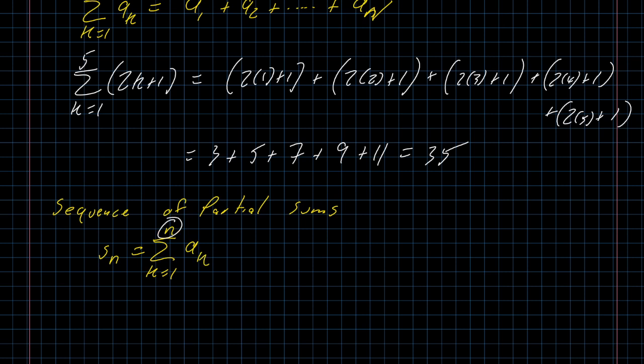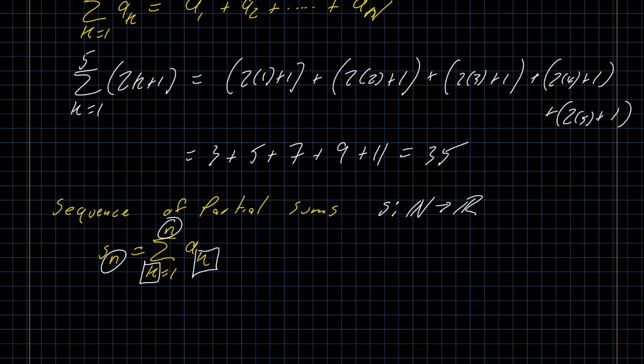All right, so again, pay attention here. n is the index for my sequence of partial sums S. And then k is my index for the sequence I am summing together. I've got two sequences going on.